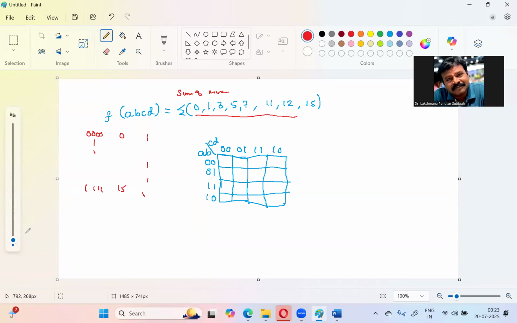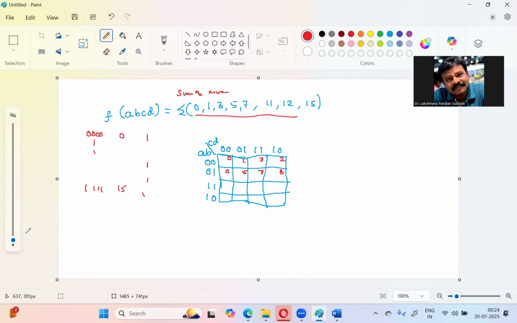Okay, now we have to fill the Karnaugh map. In the Karnaugh map, the sequence of numbers is: this is 0, this is 1, this is 2, this is 3. Similarly here this is 4, 5, then you leave one column, this is 6, then this is 7.